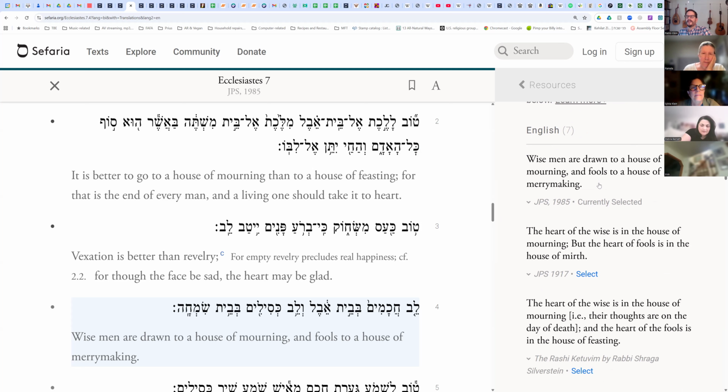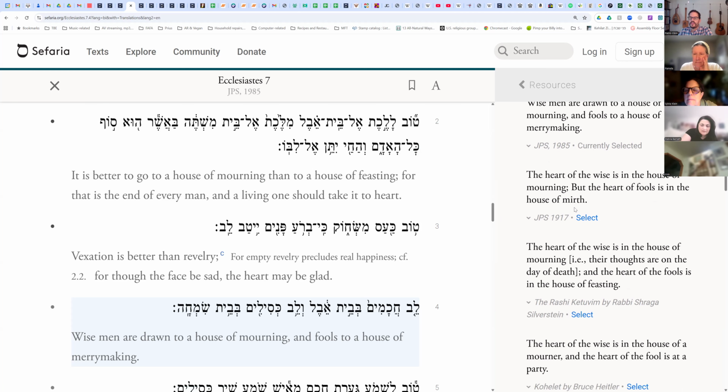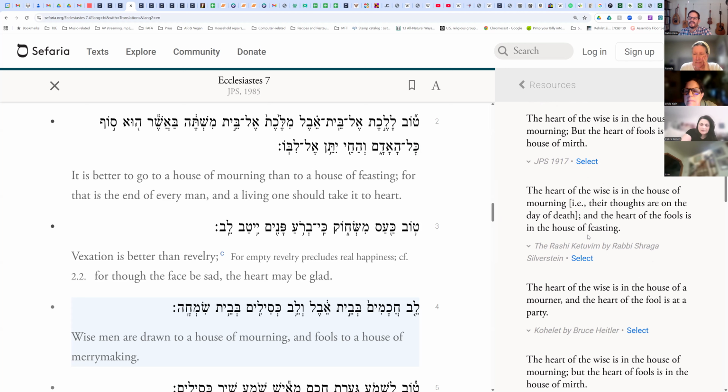But here are the translations just so we can compare how they look at Simcha. Merrymaking, the House of Mirth is the 1917 JPS. The House of Feasting, which is very interesting because that then parallels up here the Beit Mishteh, which they call a house of feasting.